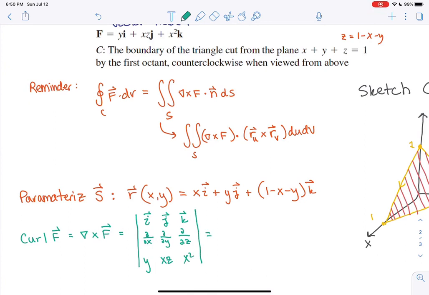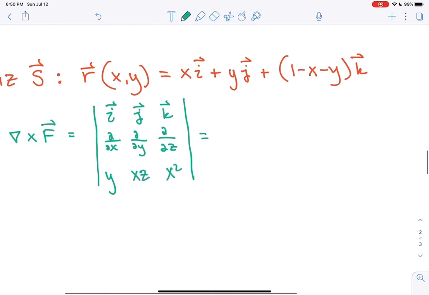For the i component, we have the partial y of x squared, which is 0, minus the partial z of xz, which is just x. So we end up with minus x in the i direction.